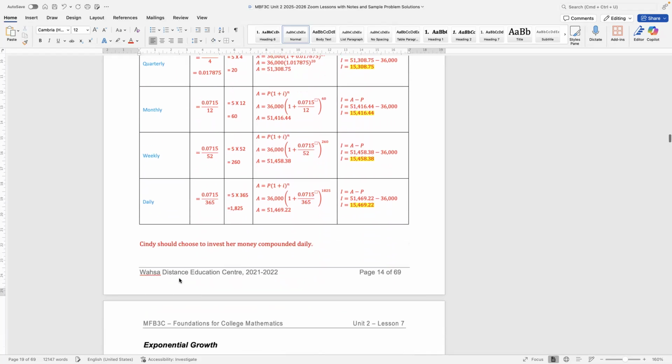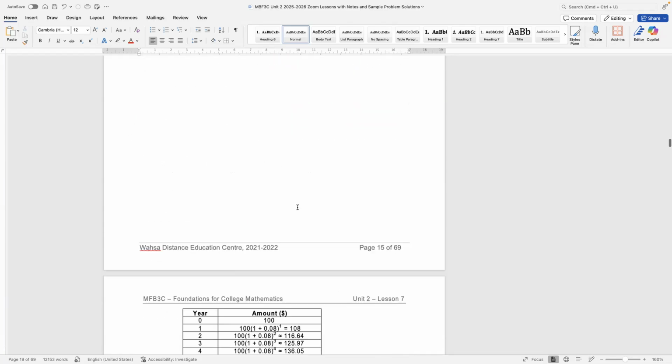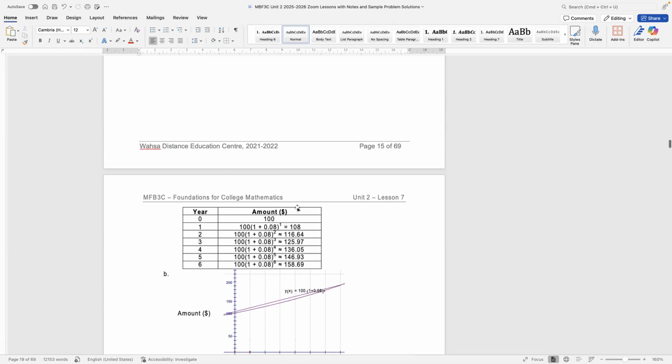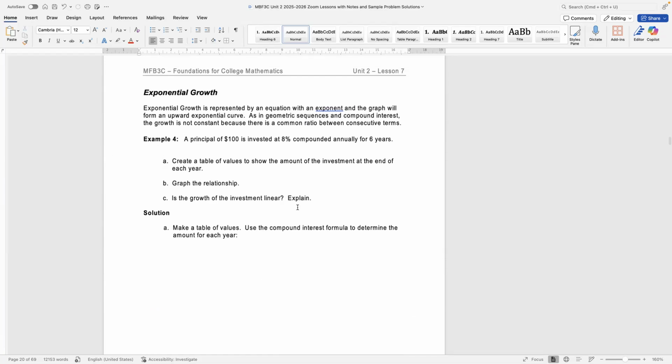Okay, so we've done many examples now. You should have seen enough examples to help you get through most of the support questions and the key questions as well. The next part here, we're looking at graphing.